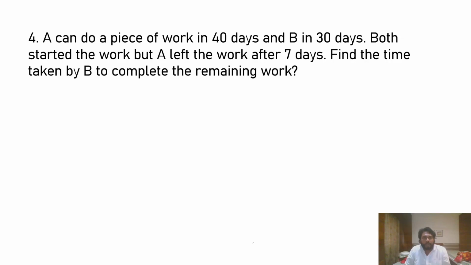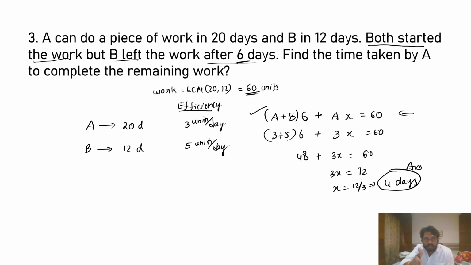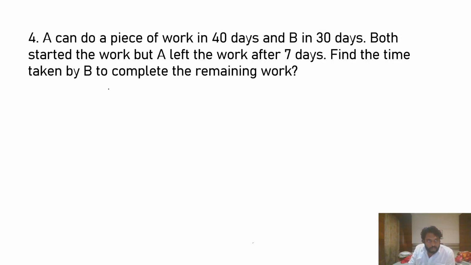In this problem, I'm not going to write each and every step like work, LCM, efficiency. I'll do it in a simple way, how you can do it in your exams. And I'll revise one thing, guys. In the LCM method, what are we doing?